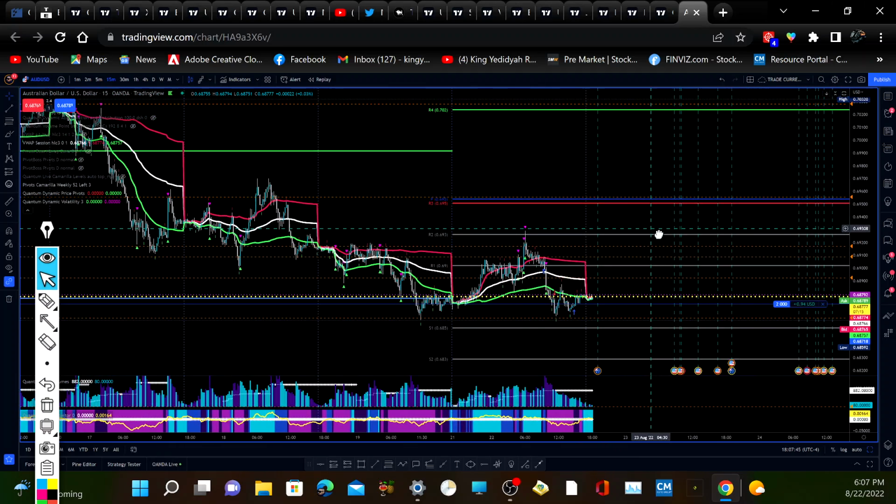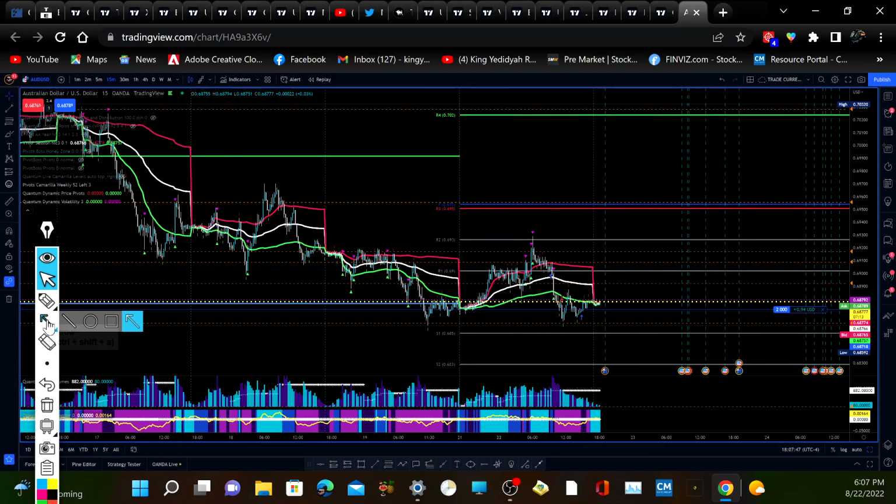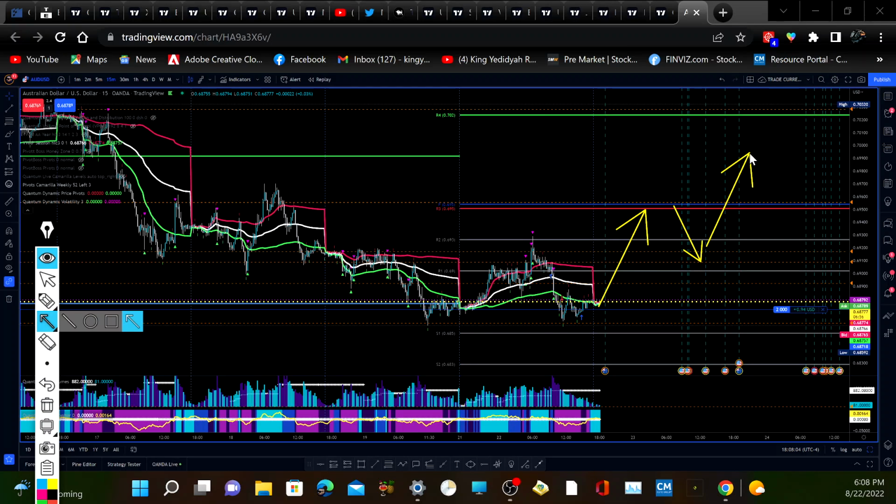So what I might do is we break out here, we're gonna probably run into some resistance at R3, right? And then we're gonna probably pull back, retest this level, break out, right? And this is gonna be a resistance level here again. So let's see, what level is that? Let's draw that up there.